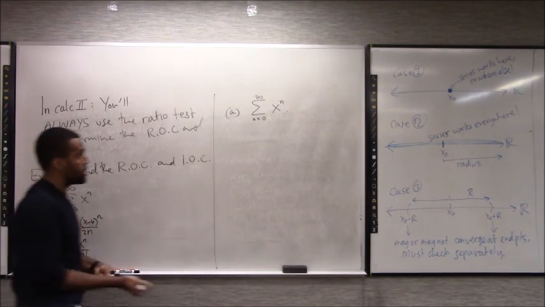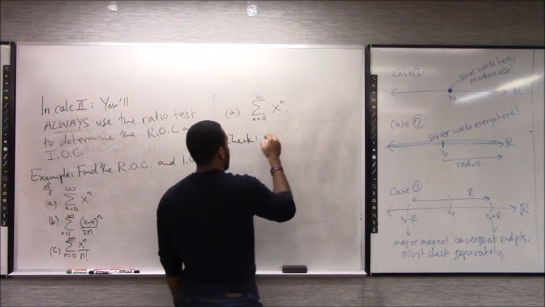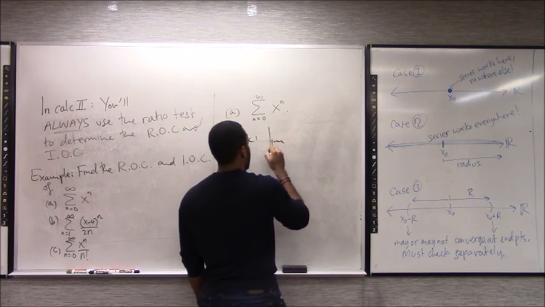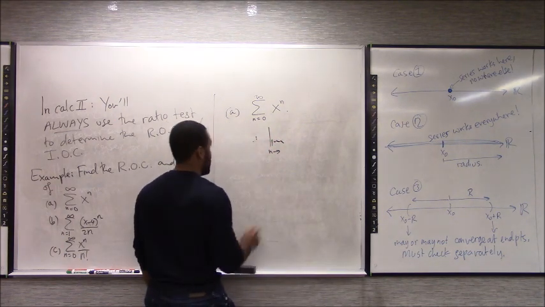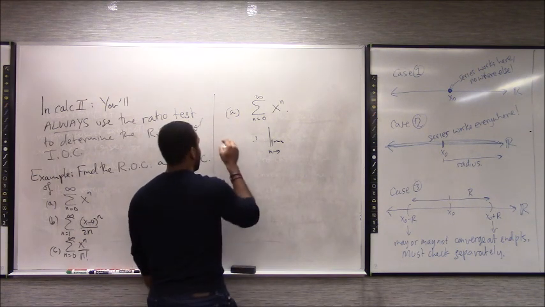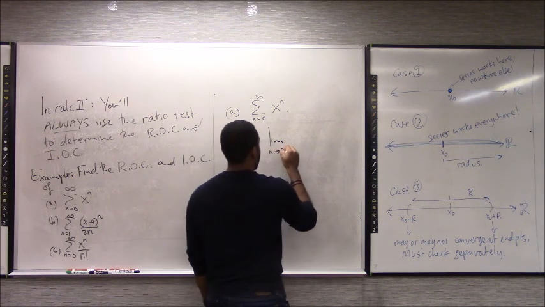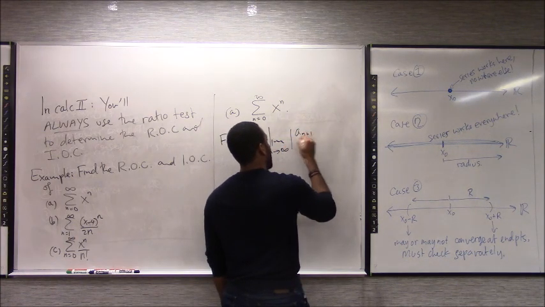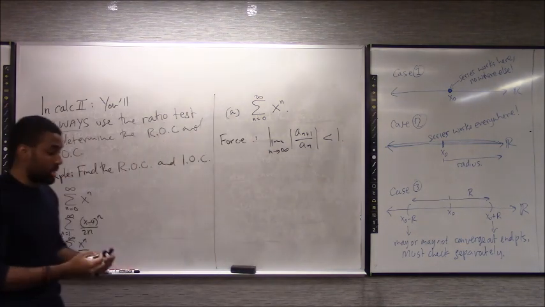Always the ratio test. You have to force the limit of a_(n+1) over a_n to be less than 1, right? That's when the ratio test actually works.